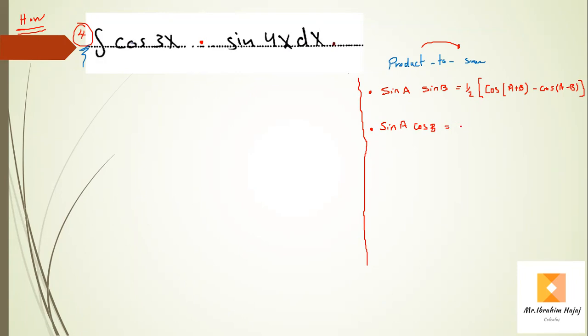Okay, if it's a sine and then cosine, be careful, the order is important. How to convert the product to sum.